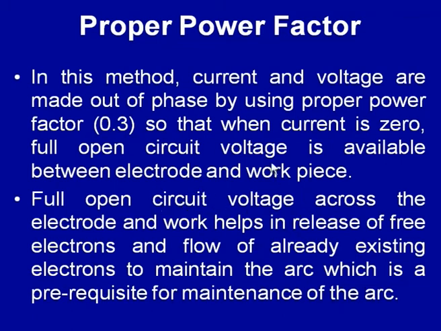So, when the current value is very low, in case of AC current, the higher open circuit voltage facilitates the easy flow of the current as well as easy release of the free electrons in the arc gap, which in turn makes the maintenance of the arc between the electrode and workpiece easier, and that is how the maintenance of the arc is facilitated by the use of proper power factor.